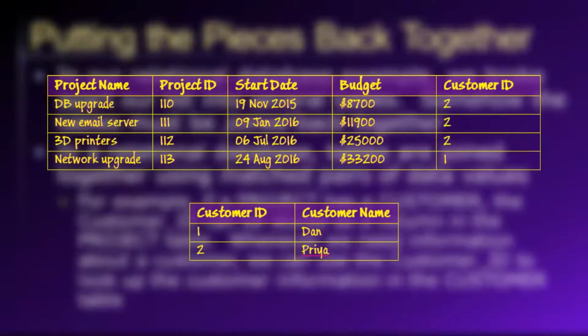For example, if we have a project table and we have a customer table, and we use an attribute called a customer ID to uniquely identify each customer, then what we can do is we can place a customer ID attribute in the project table, and we can then use the ID of the customer in each table to link related rows together.